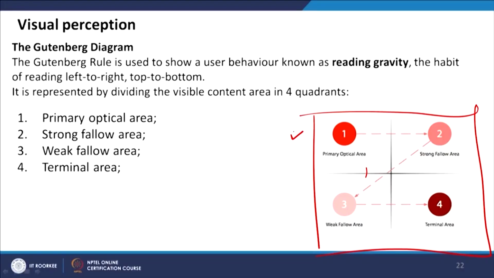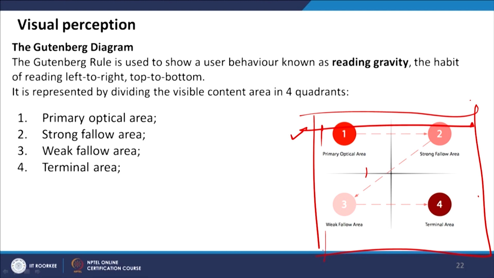This principle is based on people who read from left to right. It will not be applicable for people conditioned to read Urdu or Arabic, which is read from right to left, the opposite side. Generally, people who read from left to right also read from top to bottom.